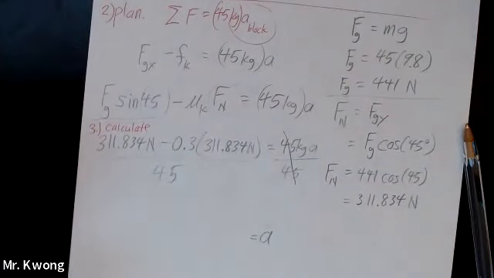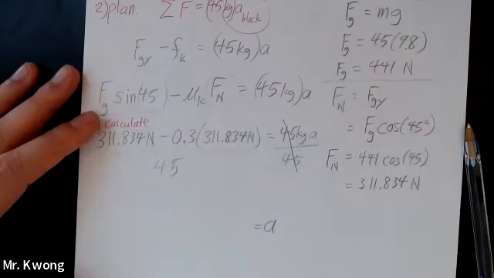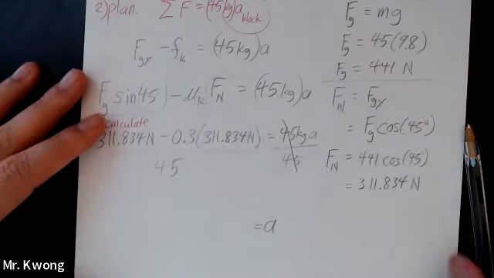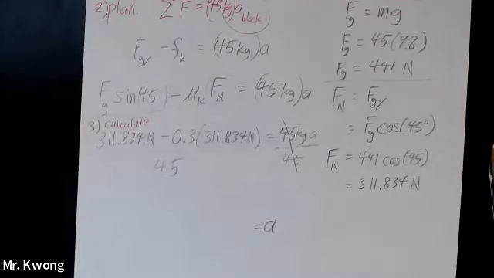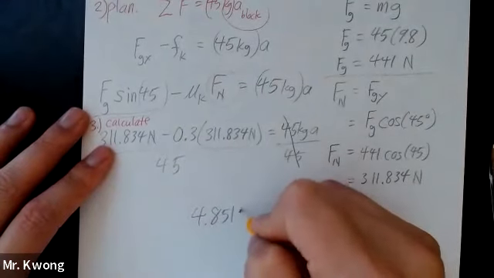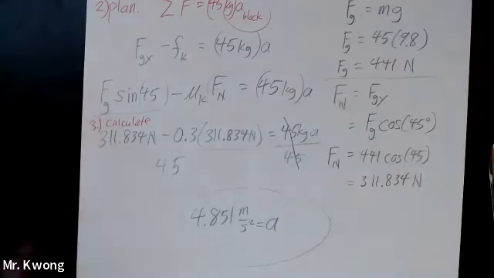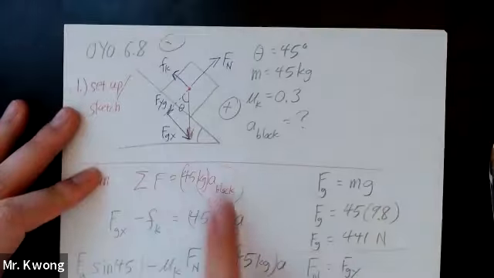All right, Troy agrees, Sophia agrees. Yep, so your calculator should probably give you something like 4.851 meters per second squared for the acceleration of this object down this 45-degree slope.